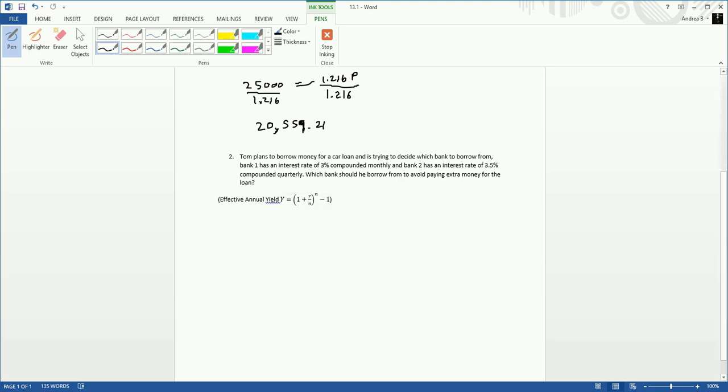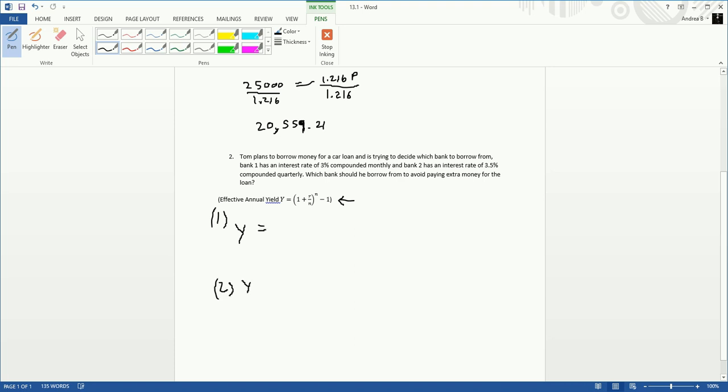So we can use this effective yield formula, which I have a reminder of what that is down below here. And we'll need to do that for each problem. So the Y there represents your effective yield. So I'm going to put a 1 beside this for bank 1, and we'll have 2 down here for bank 2.